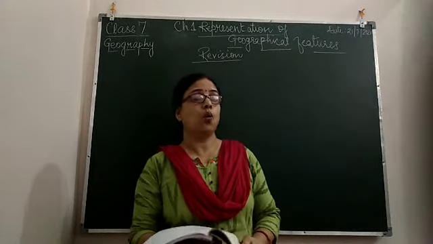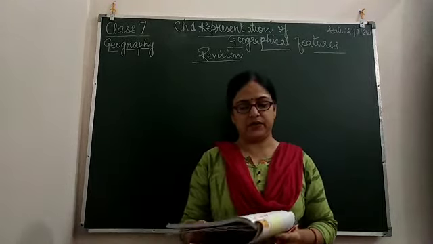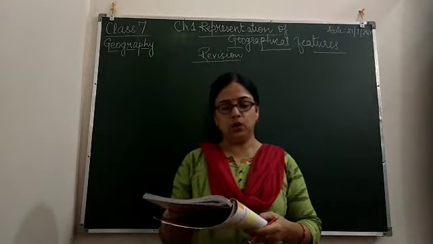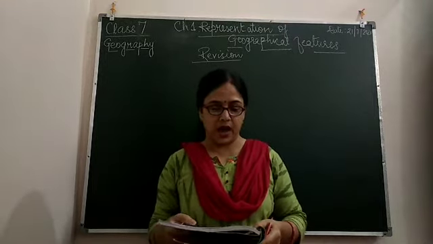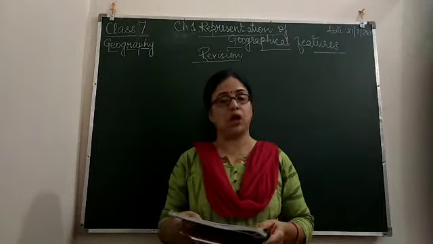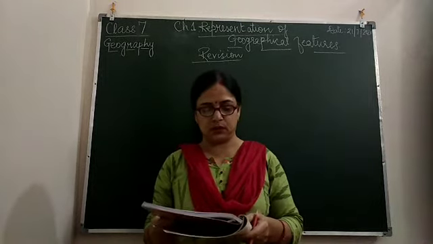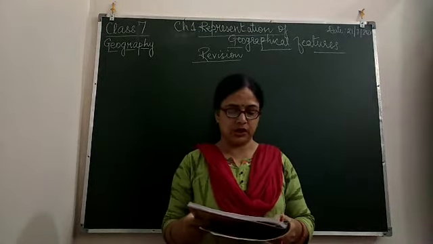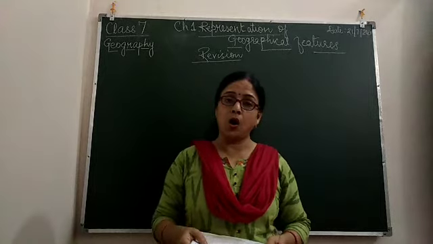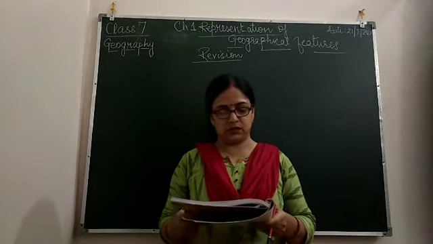Next is, what is the grid reference? To locate the man-made features and the natural features, or the conventional signs or symbols given on the topographical sheet, one must know how to read the grid system.